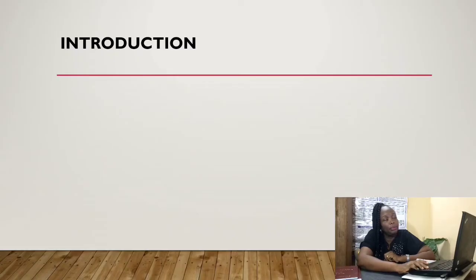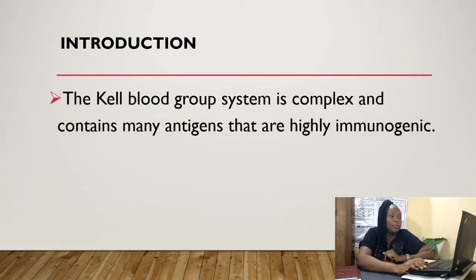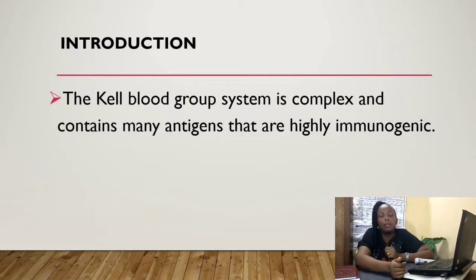Introduction. The Kell blood group system is a complex system. It is polymorphic. It has many phenotypes.